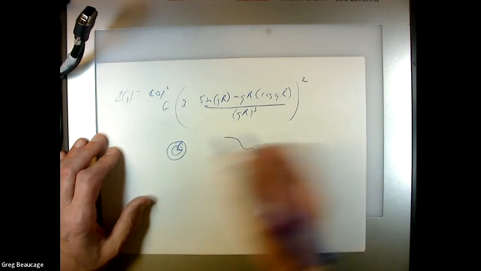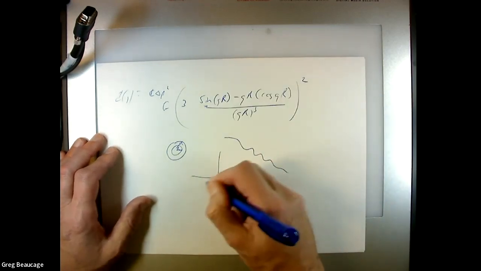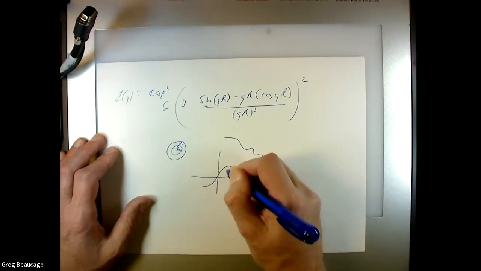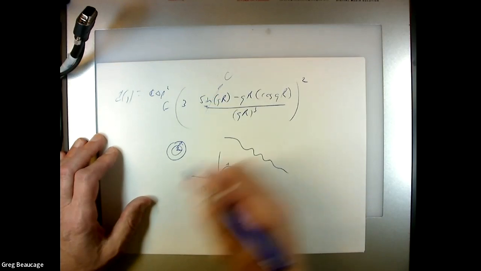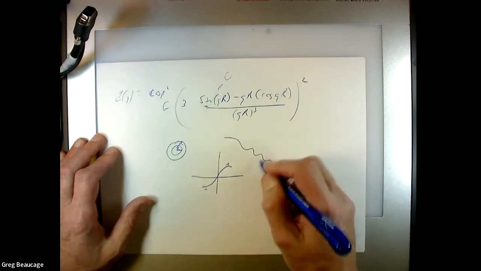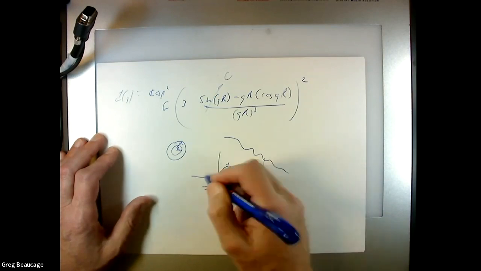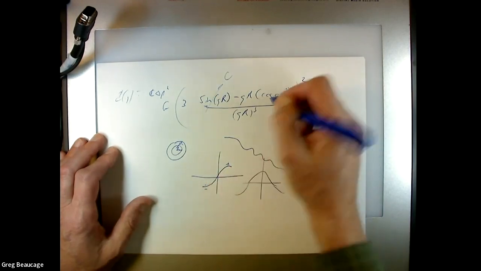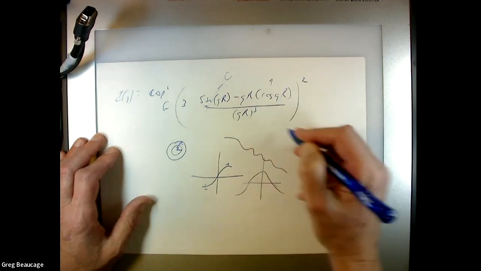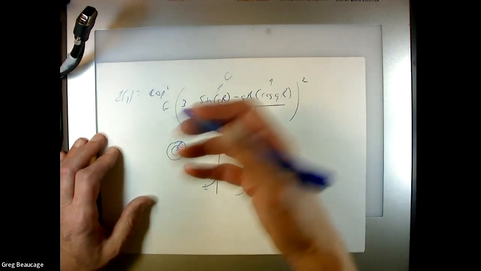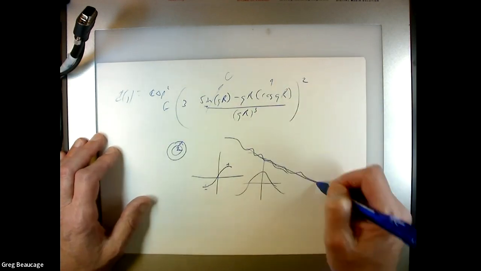That's roughly the idea. If you have sine, it's got this feature that this is plus, that's minus. If you take the average, that goes to 0. Cosine has a feature that it doesn't have plus and minus like that. So cosine goes to some number. Then you have QR divided by QR. So at high Q, you're averaging out a lot of these oscillations, so it just averages out.